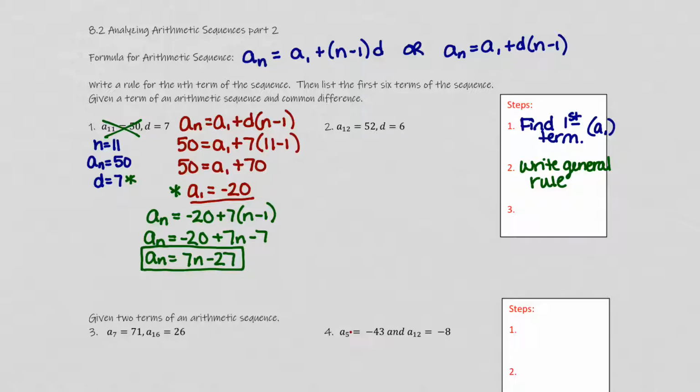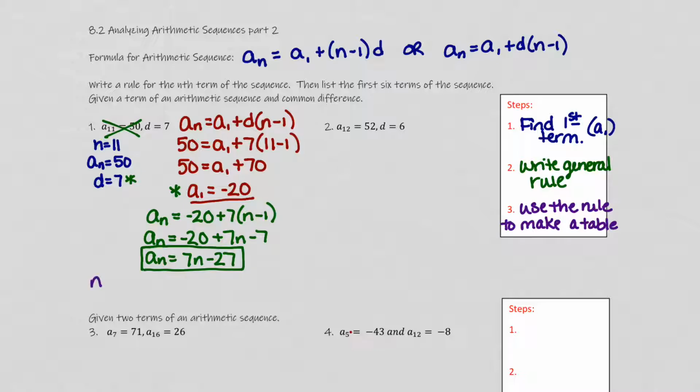And then the third step, it wants us to find the next 6 terms in the sequence, okay? So we're going to use the rule, that's what we just wrote, to make a table or to find your first 6 terms, however you want to look at it.